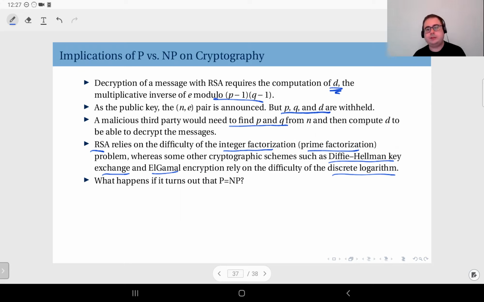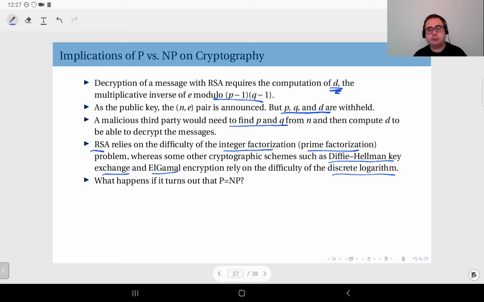Again, if you select the values appropriately, meaning large enough and satisfying certain properties, which we will not go into, then it's practically impossible to solve these problems. Okay, so this means your algorithms are going to work in practice, which they are.